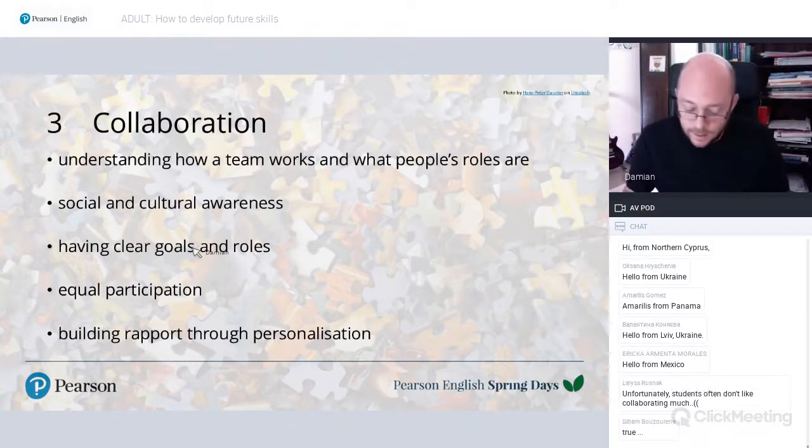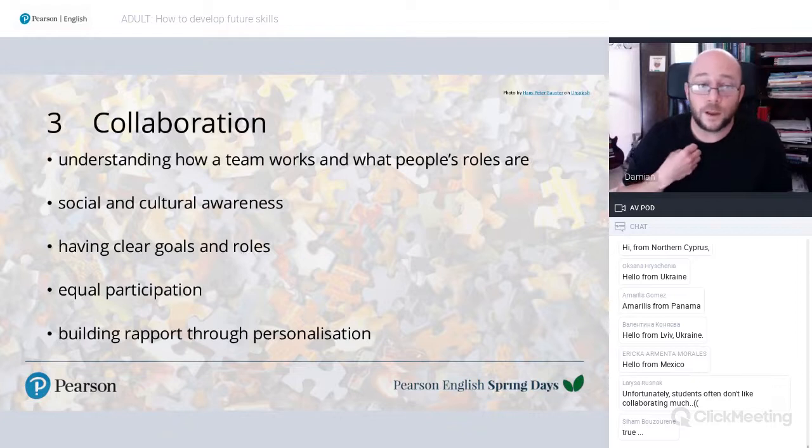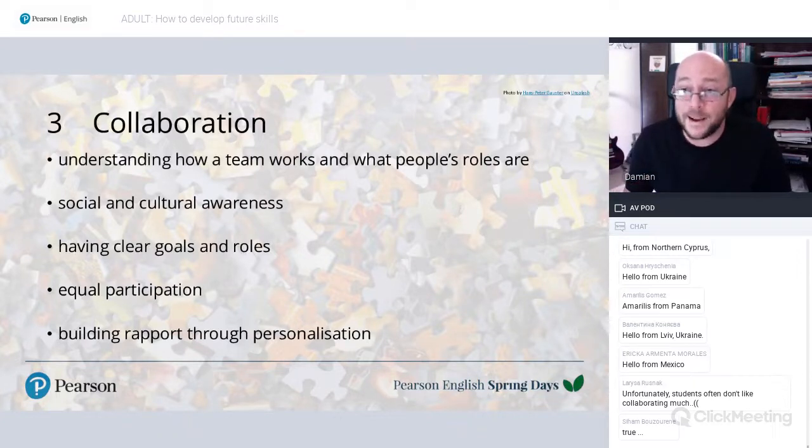Another big part of this is being able to build solid relationships, even in difficult circumstances. And again, this is quite relevant now with teaching online, because we are all facing difficult circumstances. It involves equal participation, so avoiding one person dominating too much, making sure weak students feel comfortable enough to participate, making sure they have something to say.